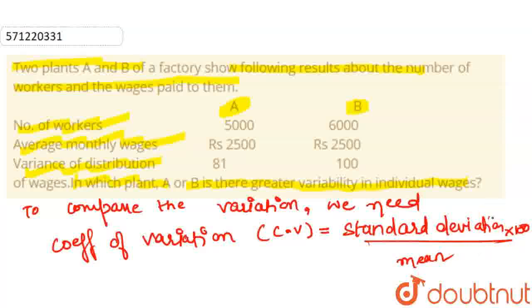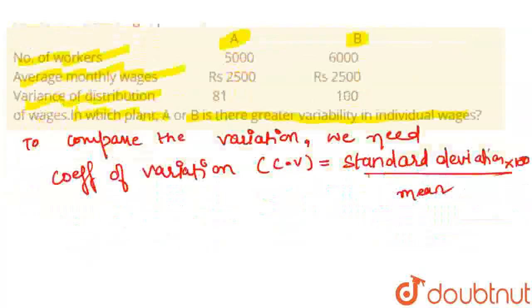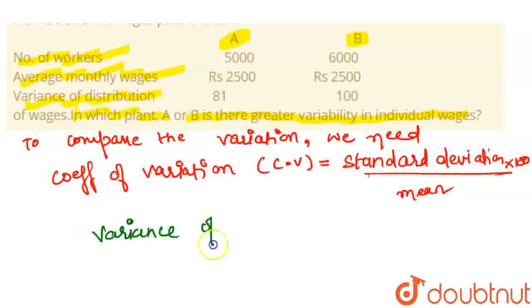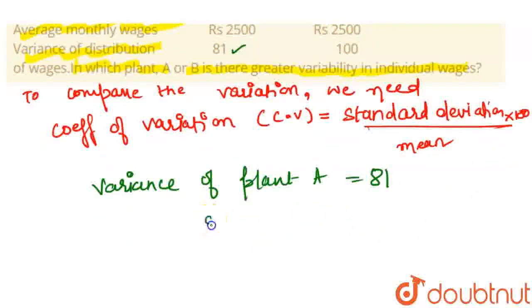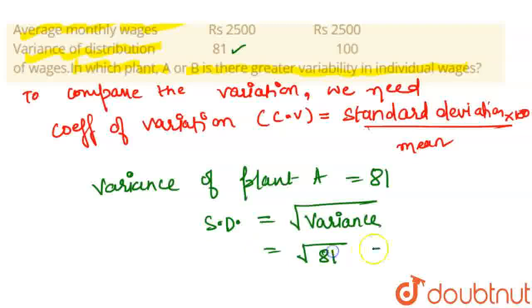Here our average monthly wages for both plants are same, so that is why we are comparing standard deviation of this distribution. So we know that variance of plant A is given to be 81, right? So this is your 81, and we know that standard deviation is equals to root under variance, that means root 81, 9.